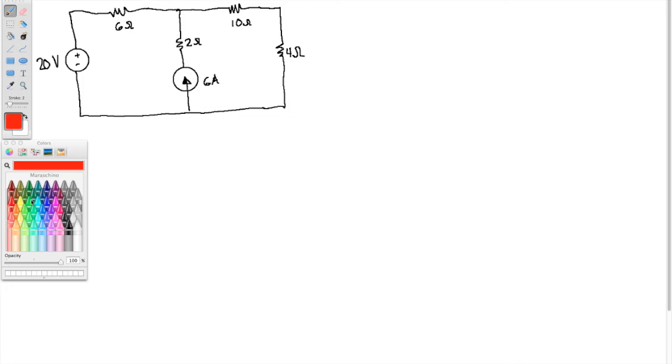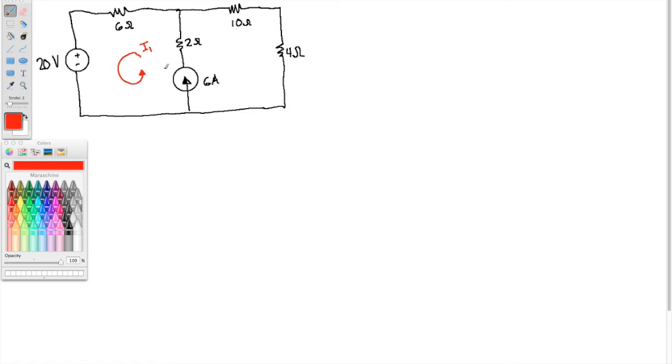So you see that this is kind of the same topology as the previous example. That is to say, there's a mesh on the left and a mesh on the right. Okay, so we'll call this mesh 1 over here and mesh 2 over here. Now, I'm going to choose my direction for mesh 1 to go with the current source. So I'm going to go counterclockwise. There, we'll call that I1.